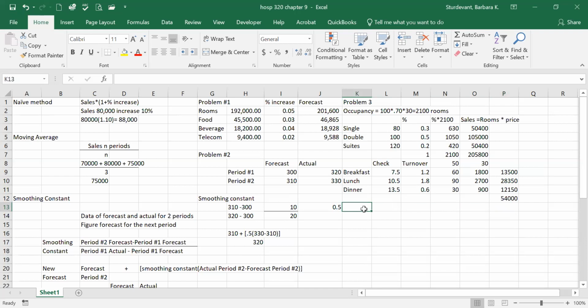So we have rooms. Sales are equal to this. And the food is equal to this.